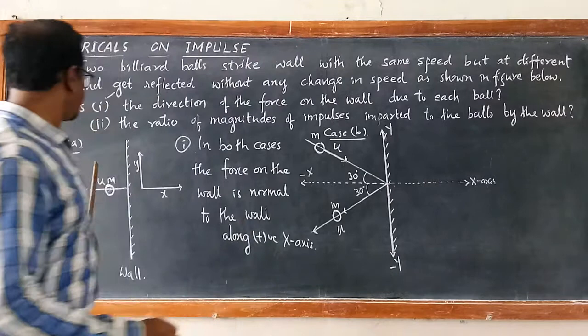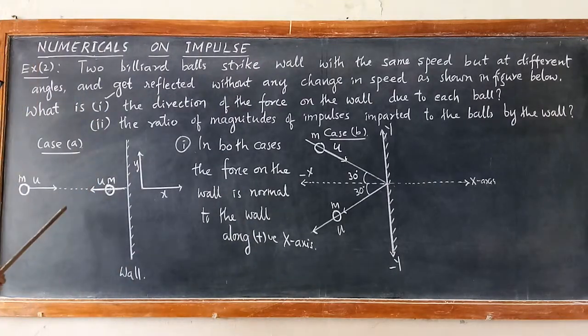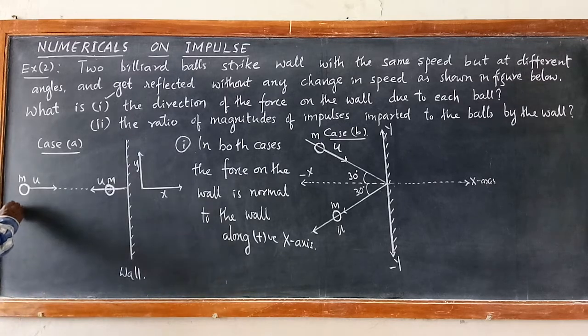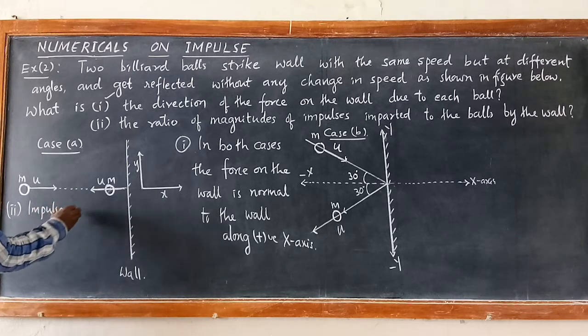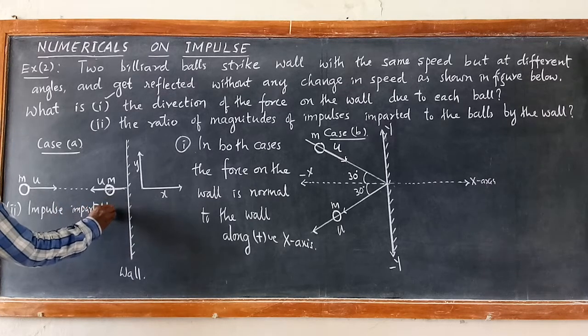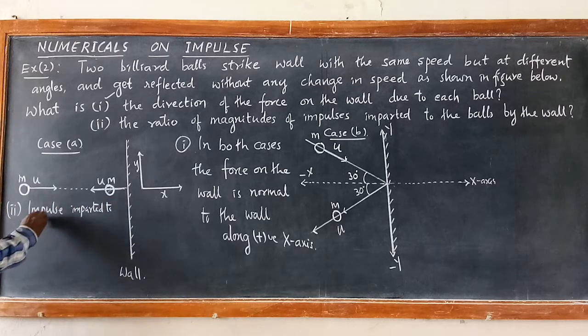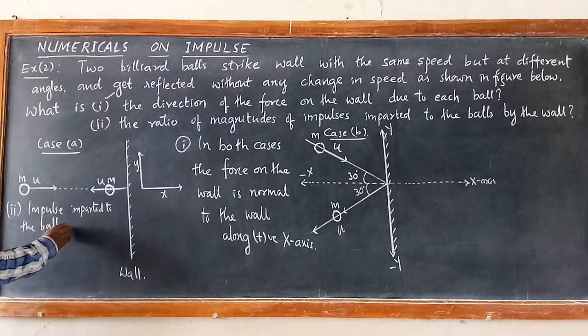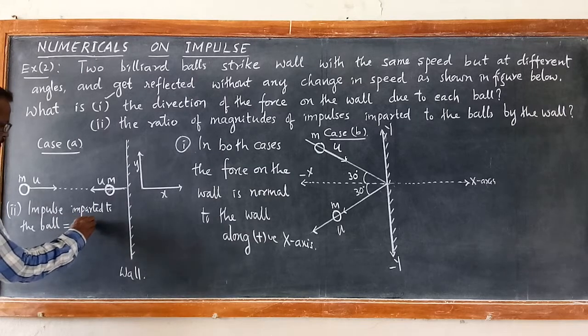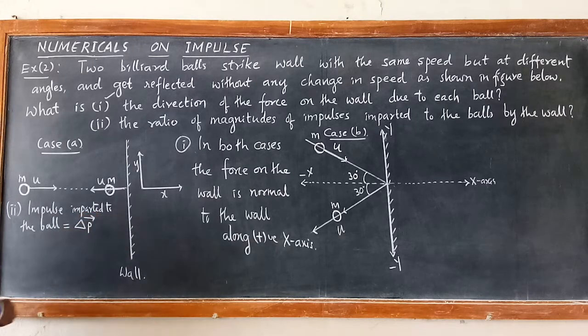So, impulse imparted in the first case. I think this space is enough to solve here. So, second problem: impulse imparted to the ball. As we have calculated earlier, impulse is calculated as the change in momentum, delta p of the ball.